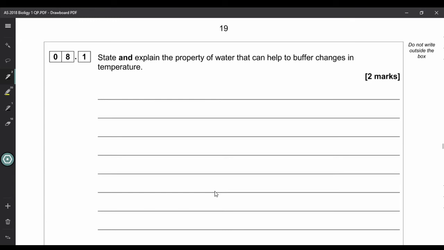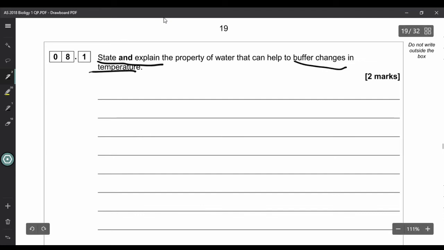Question 8 is asking us to state and explain the property of water that can help to buffer changes in temperature. Okay, so the thing about water, because it's got a high specific heat capacity, then it takes quite a bit of energy to actually change the temperature.